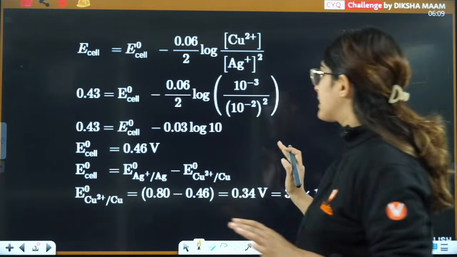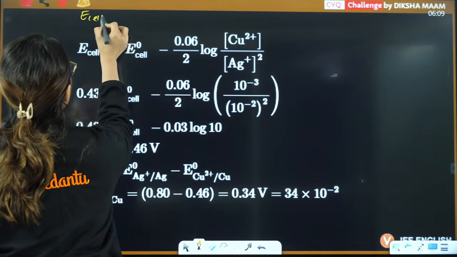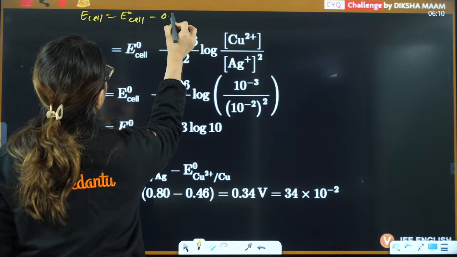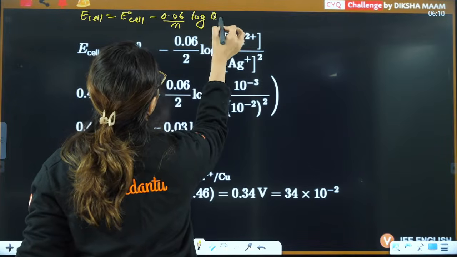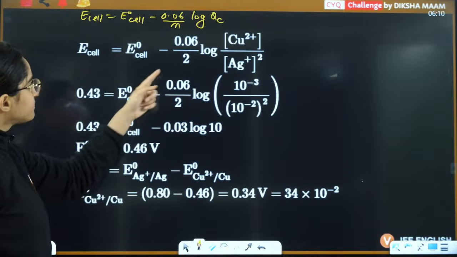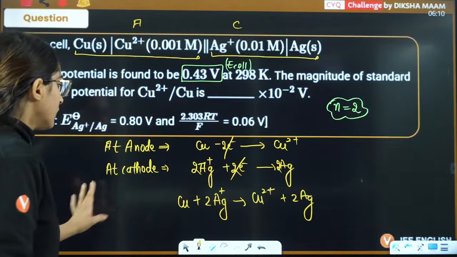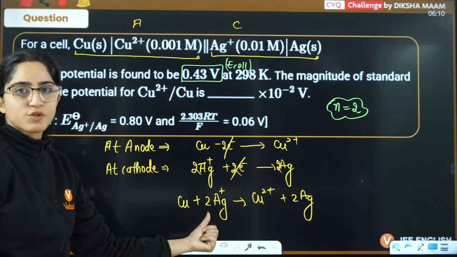Now if I write the formula here: E naught cell minus 0.06 divided by n factor, log of QC. E cell is given to you as 0.43, n is 2, and this is log of Cu2 positive divided by Ag positive square.